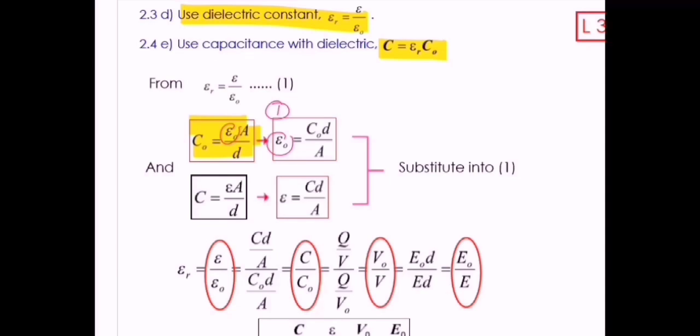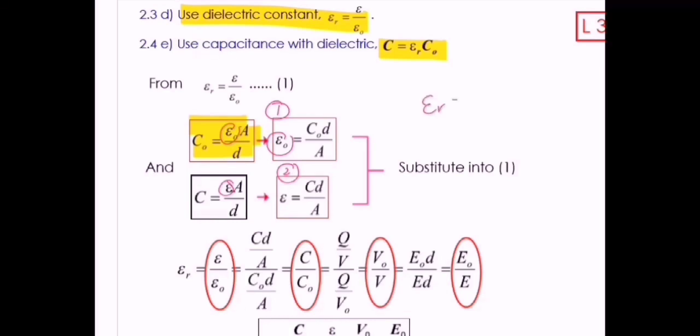For the capacitance with a dielectric, when we rearrange it, we get the second equation, which is for the permittivity of the dielectric. So we have the first equation for without a dielectric, and the second equation with a dielectric.